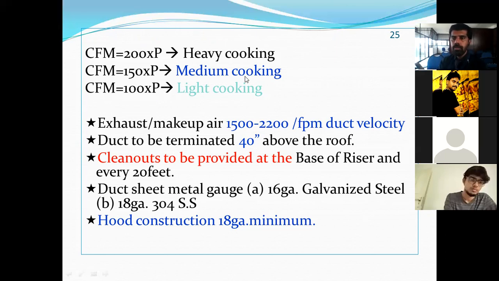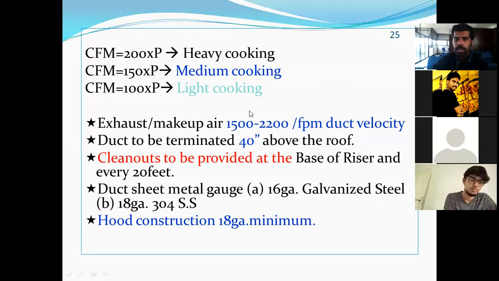If we get the CFM, we can easily size the duct with the help of software known as duct sizer software. For the exhaust or makeup air, we also need to know the FPM, the duct velocity, the velocity of the air passing through the duct. It ranges from 1500 to 2200 FPM.